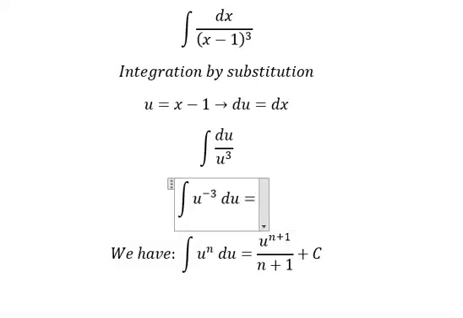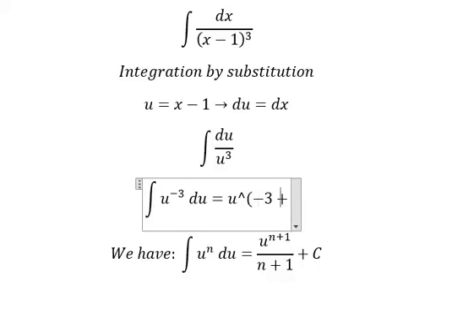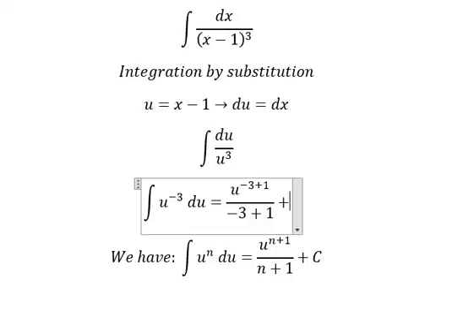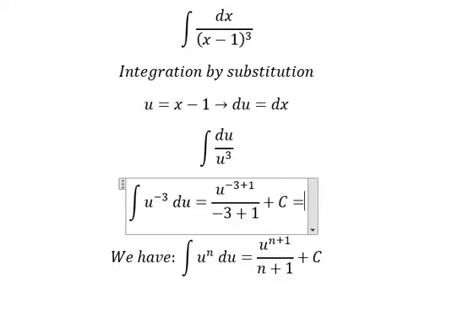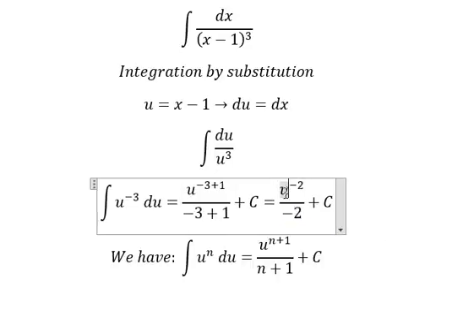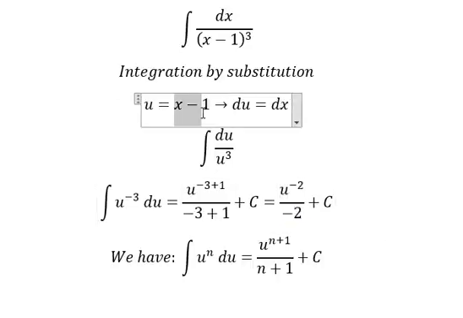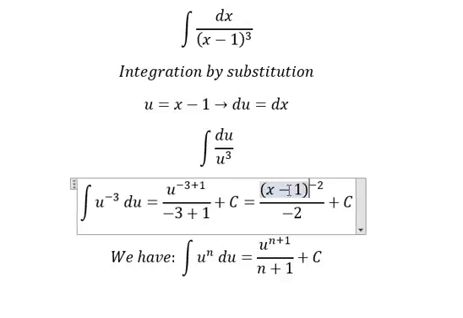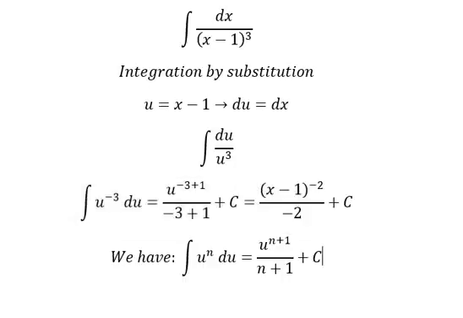So this one is u to the power of negative 3 plus 1 over negative 3 plus 1, plus c. So we have negative 2, with u being s minus 1. And this is the final answer.